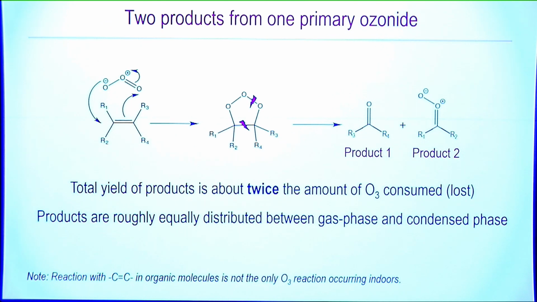An important point I want to make on this slide is that if the double bond is not in a ring, you're getting two products from whatever the original molecule was that reacted with ozone. So your yield of products is roughly twice the concentration of the species that react with ozone.